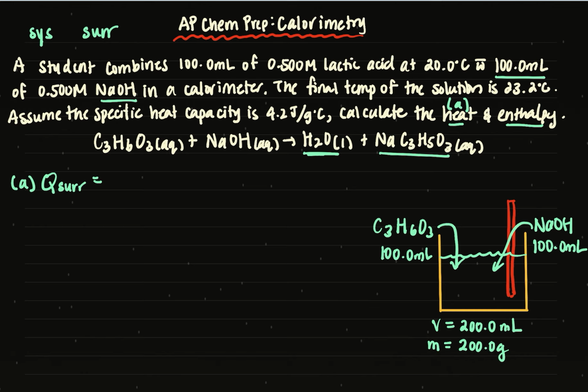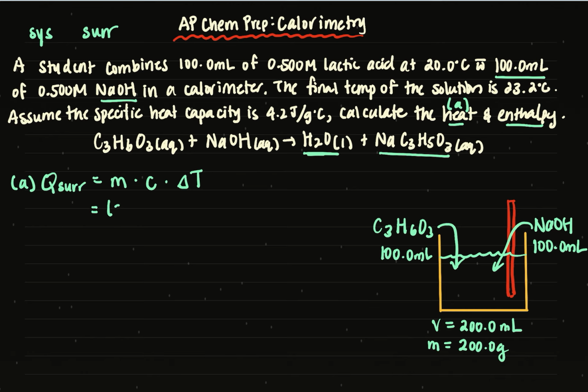The formula for this is m, mass, times specific heat capacity, times delta T, which is your temperature change. We just determined the mass from our diagram, and the other two variables are given in the question. So now we can plug these in and solve for Q of surrounding.